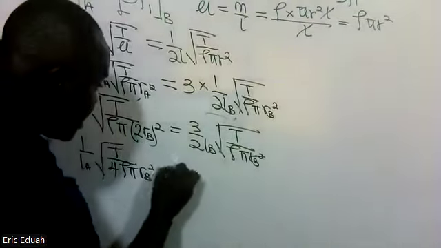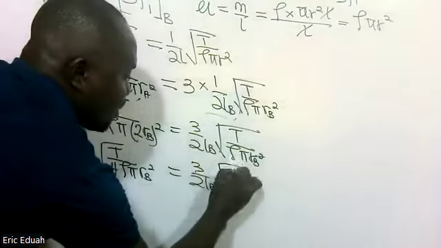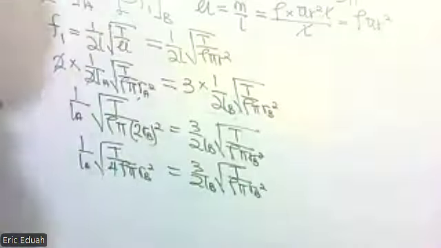So we'll have the 2. Yes. Then 3 on 2 LB T rho pi RB squared.